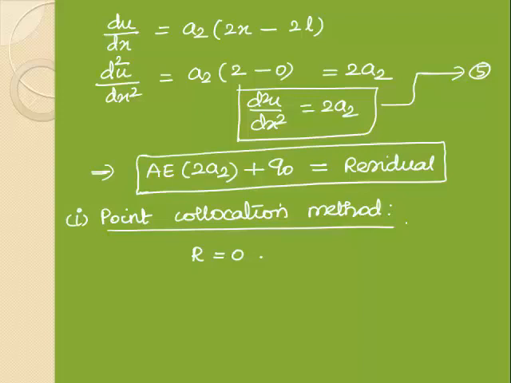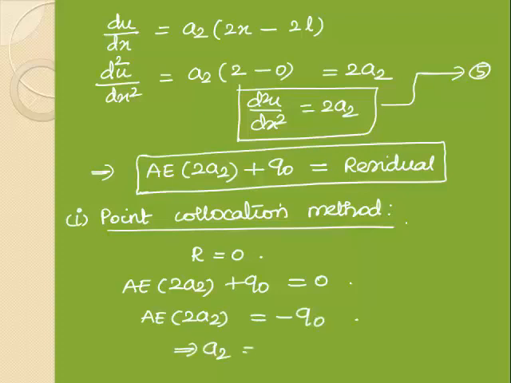So ae into 2a2 plus q naught is equal to 0. So ae 2a2 is equal to minus q naught. a2 will be minus q naught divided by 2ae.